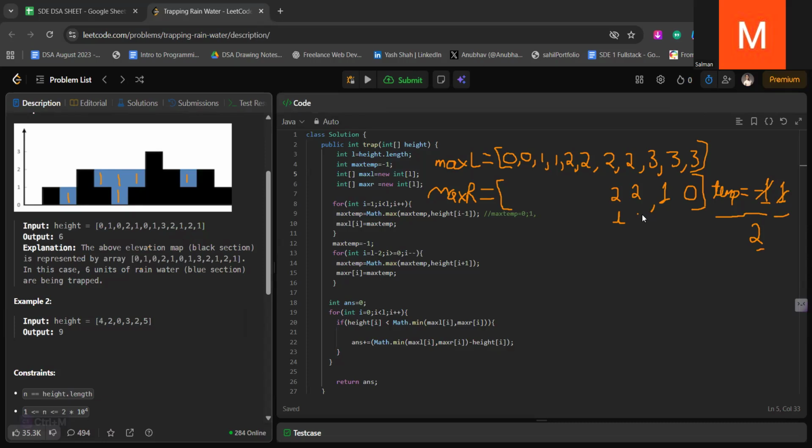Simply, what is the thing that I am doing? I keep decreasing the ith index of the max R and this height array, and then update the max R ith element as the maximum of temp and height.